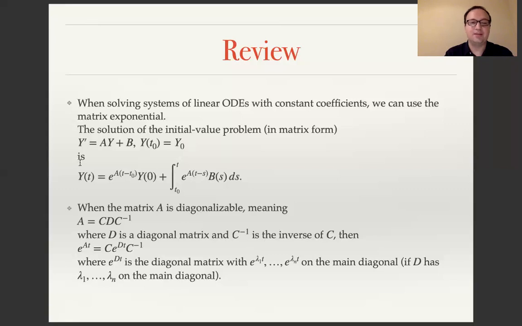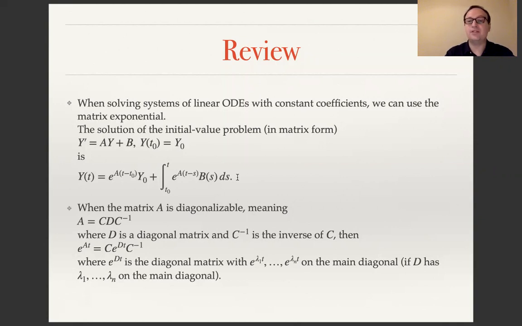All right, so then the system can be solved by using this formula, which is the same as the formula that we would use in the case when we are dealing with one linear equation with constant coefficients. y of t is equal to the exponential of A times (t minus t0) applied to y0 plus the integral from t0 to t of the exponential of A times (t minus s) applied to b of s, ds.